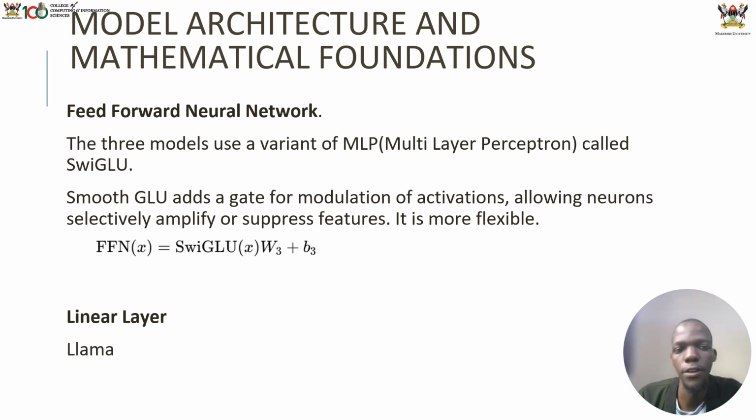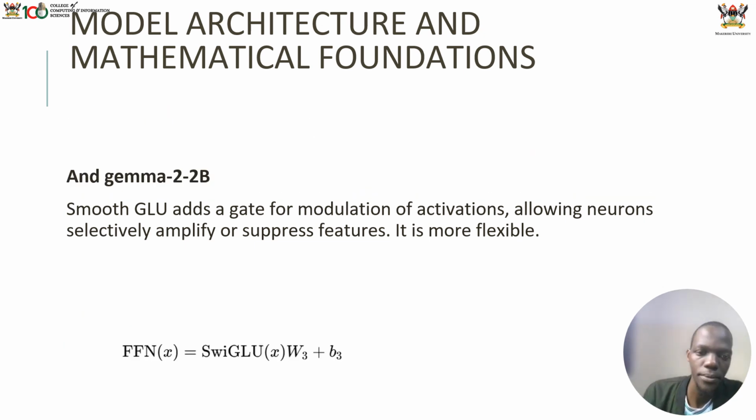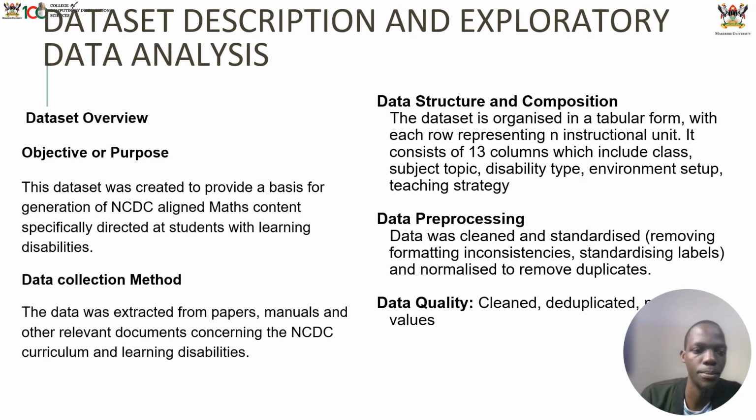It uses the activation weights to understand each token deeply in the given sentence. These are the functions for the feed-forward neural network. The formulas, we have the SwiGLU, we have the ReLU, but specifically for ours it was using the SwiGLU.